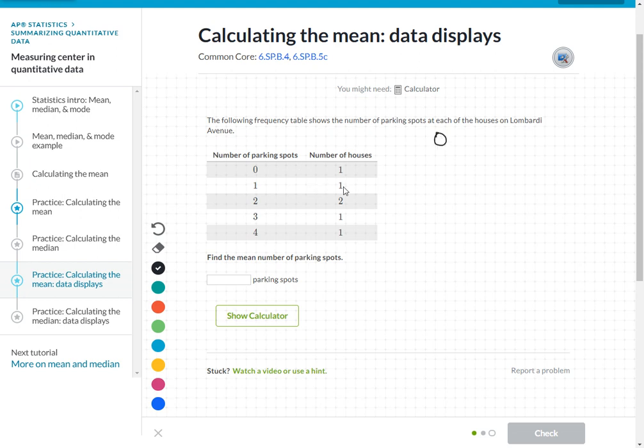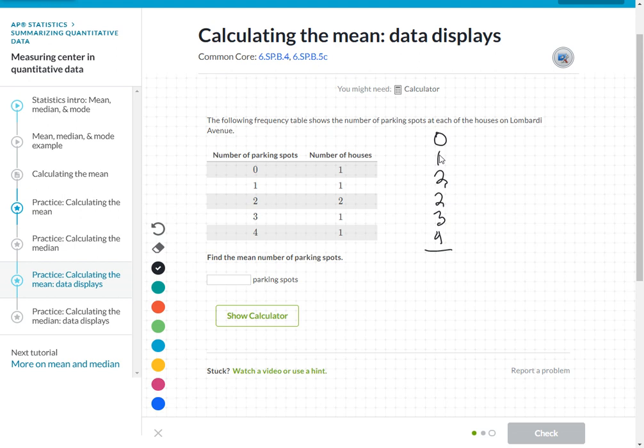There's one house that has 1 parking spot. So there's a 1. There are 2 houses that have 2 parking spots. So 2 for the first house, 2 for the second house. There's 1 house that has 3 parking spots. So there's going to be 3 there. There's 1 house that has 4 parking spots. 4 there.